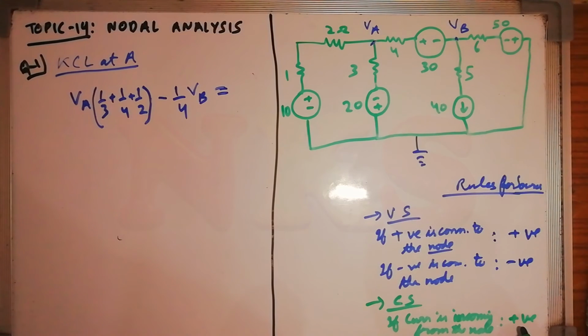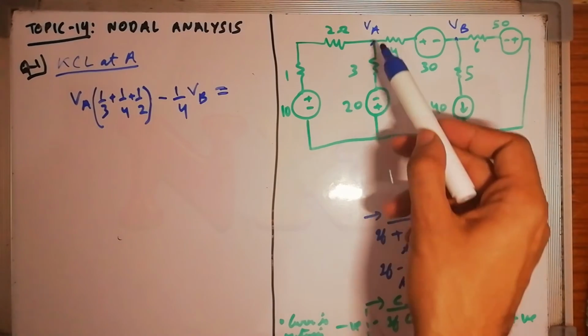Current is incoming means that is current is entering the node, then you have to take the current as positive. If current is outgoing from the node, then it is taken as negative. Okay, so this is the rule. So now we will write our equation.